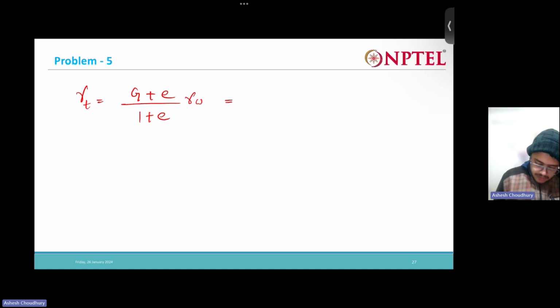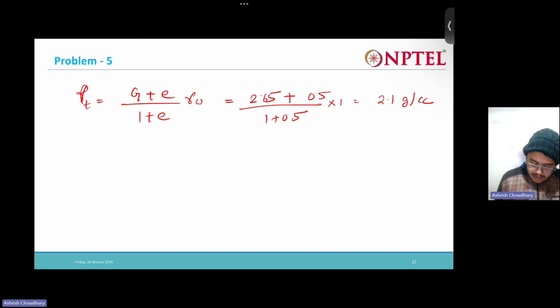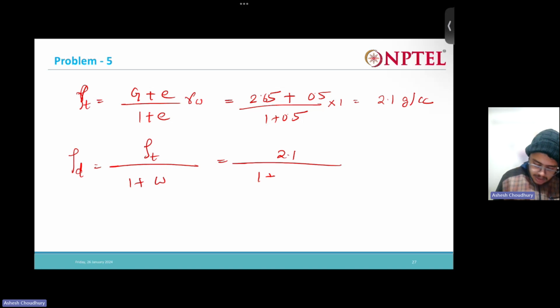If I put 2.65 plus 0.5 by 1 plus 0.5, I can get 2.1 gram per cc. This is the bulk density. Now, if I want to find the dry density, remember these relations: bulk density 2.1 plus 0.1886. So this is going to come out as the dry density.